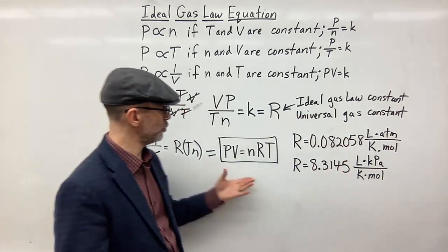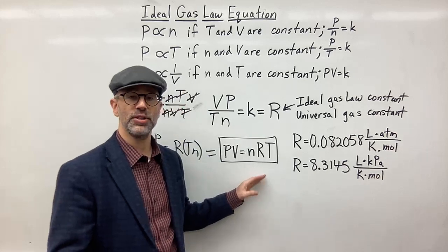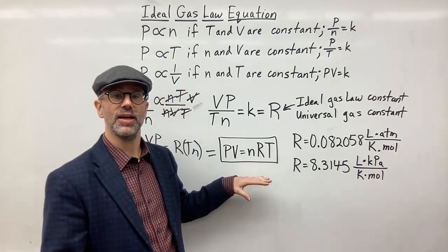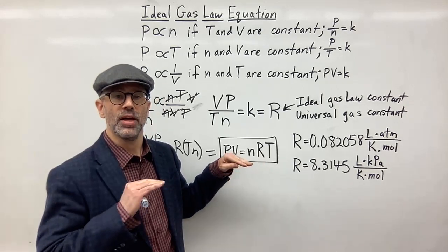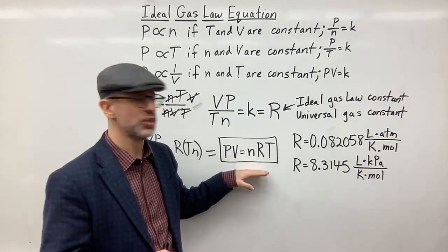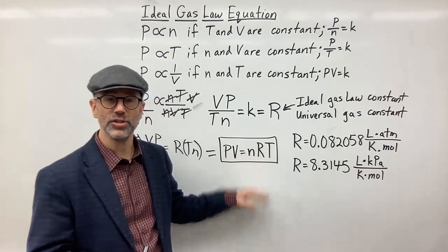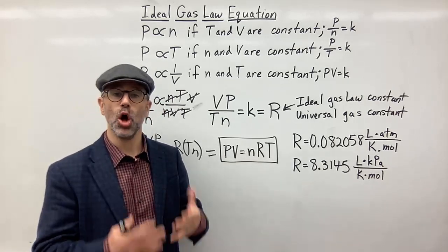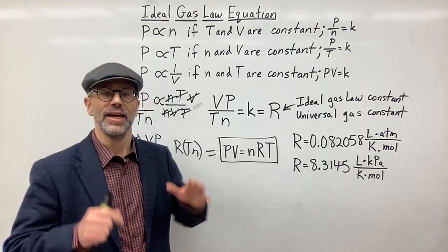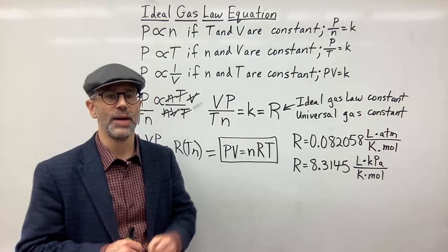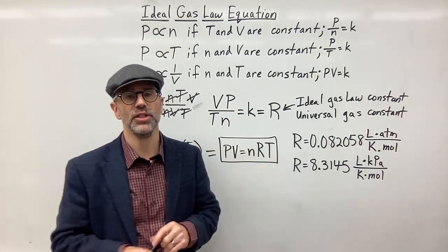Now, as far as when to use this equation, the thing to remember is that the type of problem in which you are going to use the ideal gas law equation is one in which there is no change in the properties, right? It's not going to be a problem where I'm starting with one pressure and I change the pressure to something else.